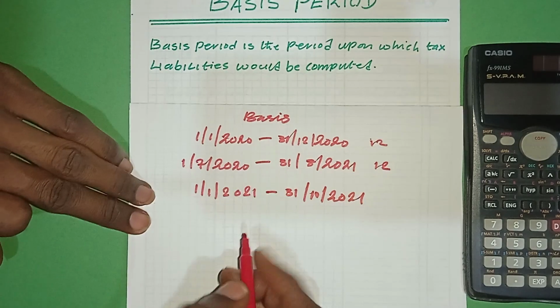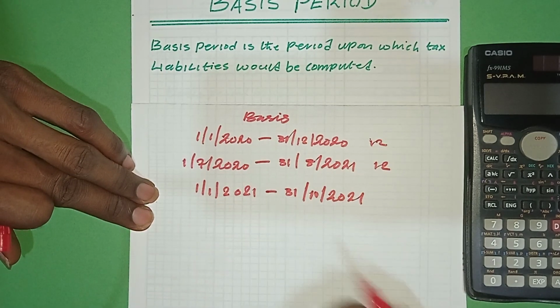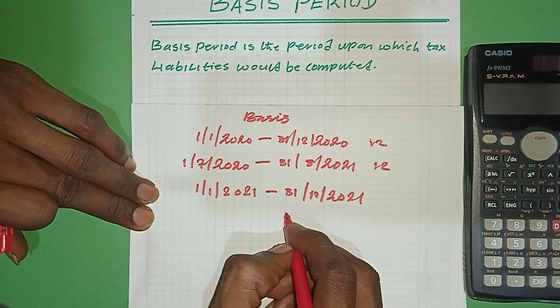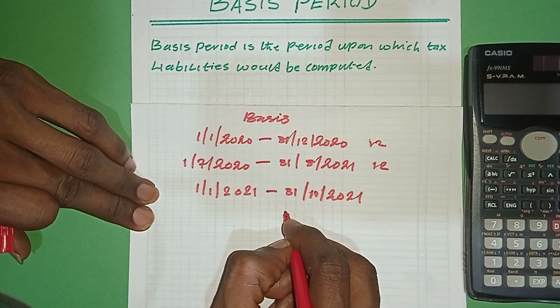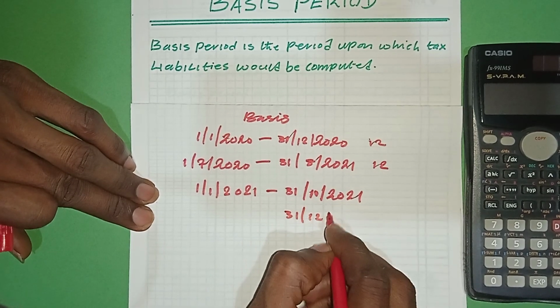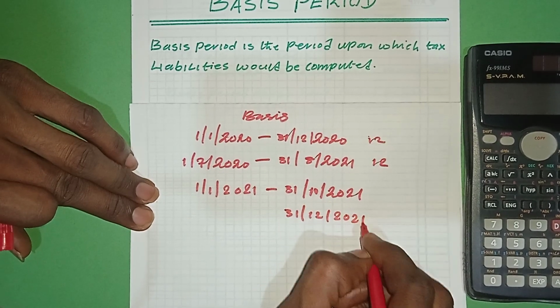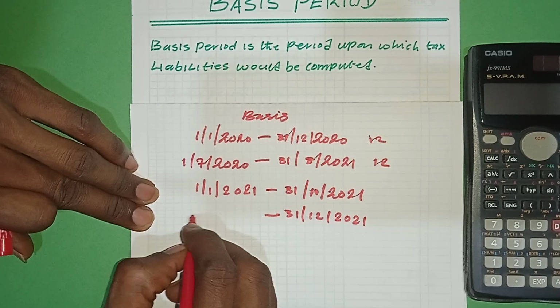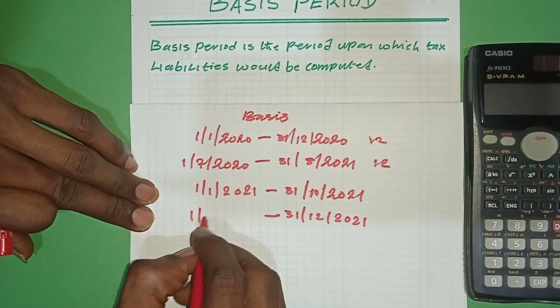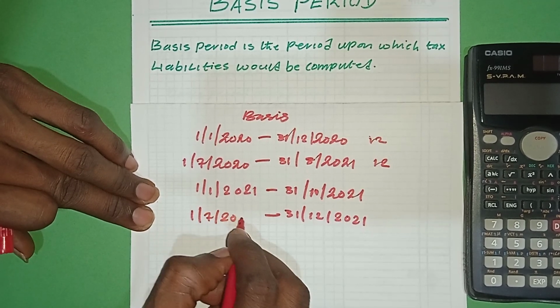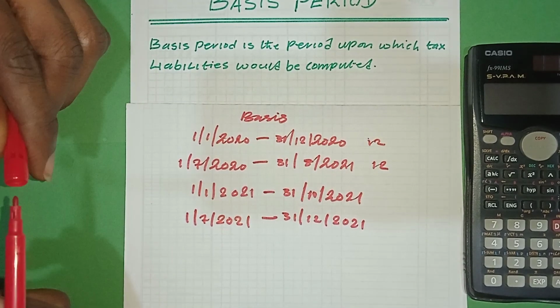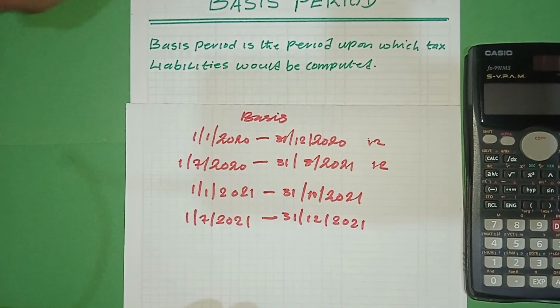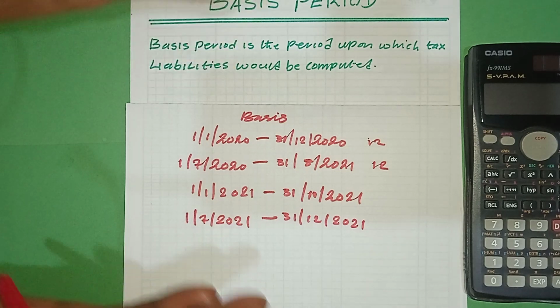Or you might see some like this: to 31st December 2021. That means the business might start around 1st July 2021. All these are what? Basis period. They can come in any form.